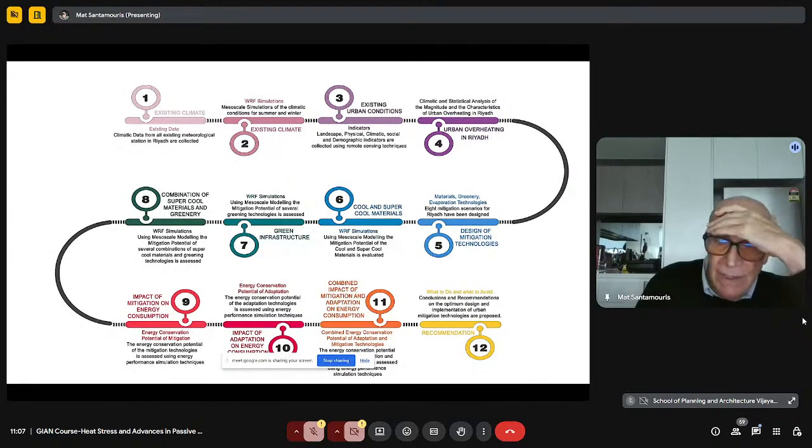Then we have designed the mitigation technologies. We have analyzed the main characteristics of the overheating, the sources of the overheating in the city, the reasons behind the overheating, and we understood such an increase of the temperature.